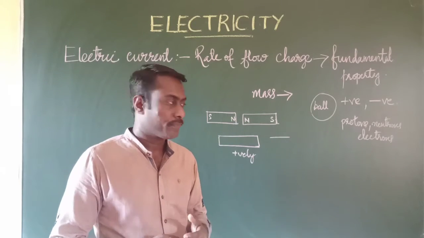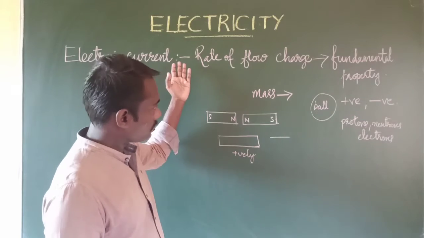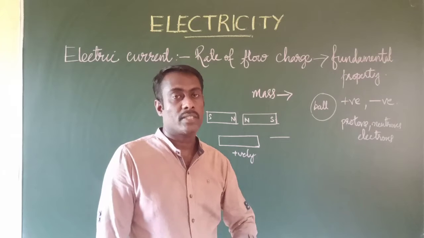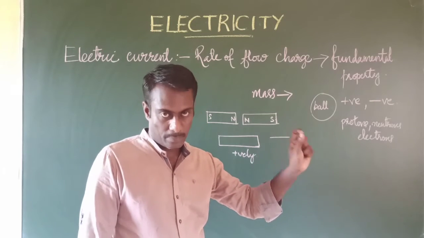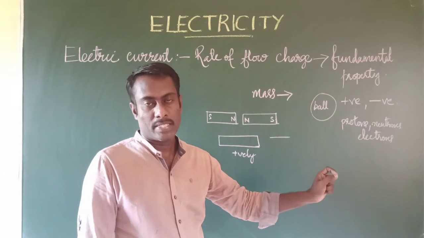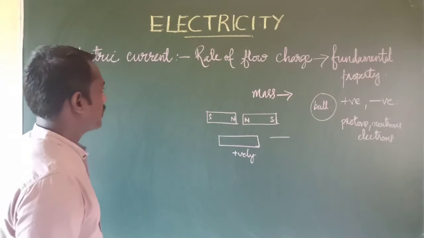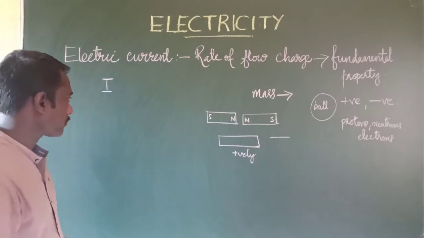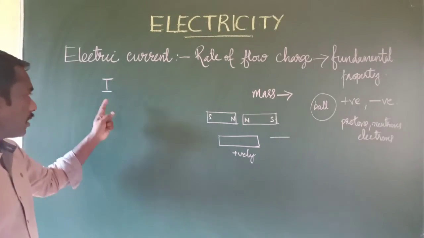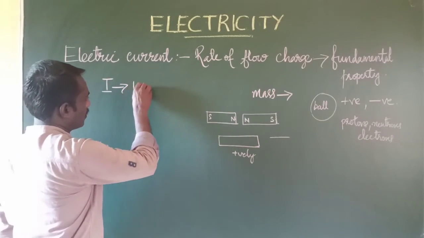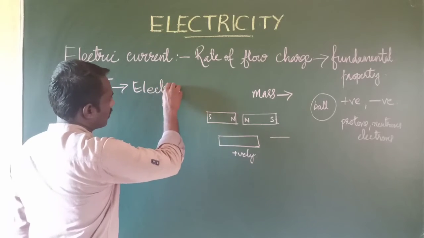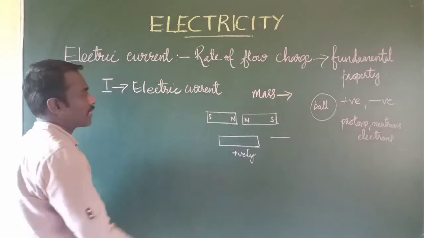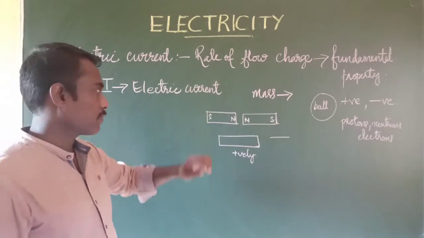How can we measure it? As we already said, electric current is the rate of flow of charge. Then how can we measure the electric current flowing through a body, a material or a conductor? The electric current is normally denoted by the letter I, electric current, or sometimes we simply say current.